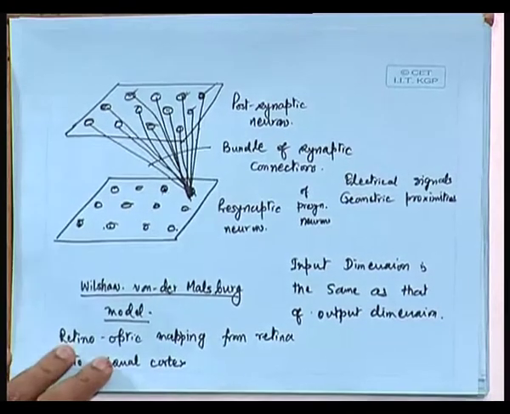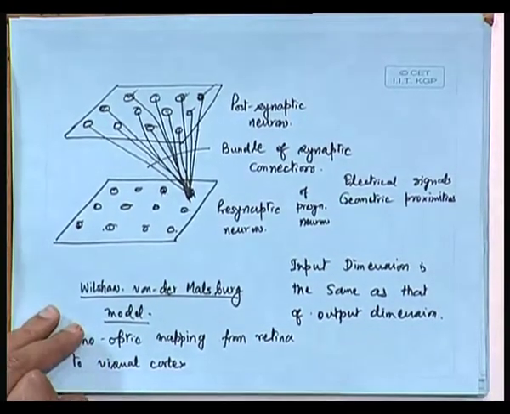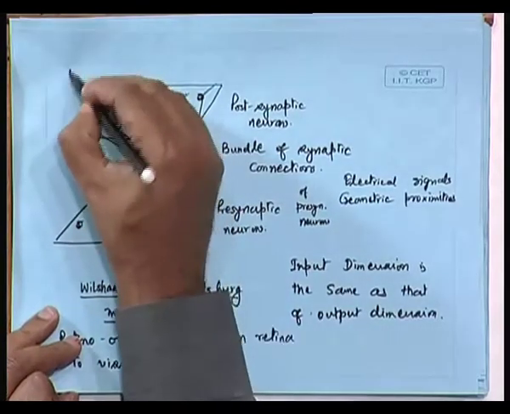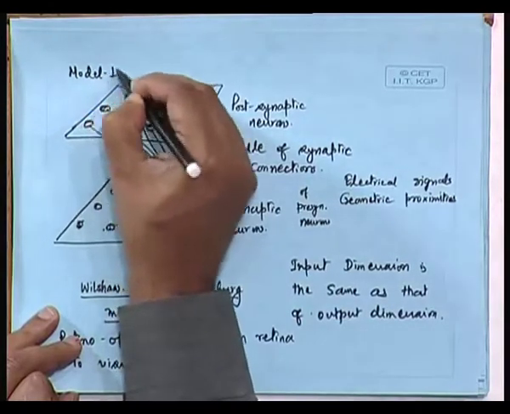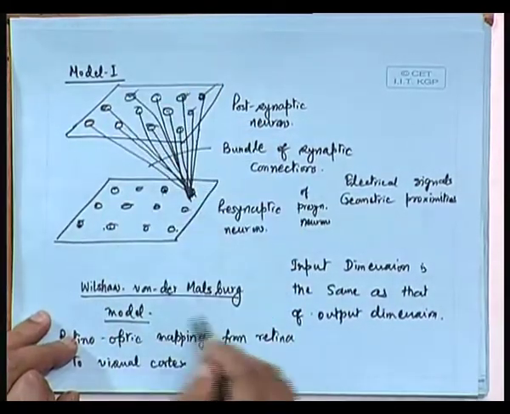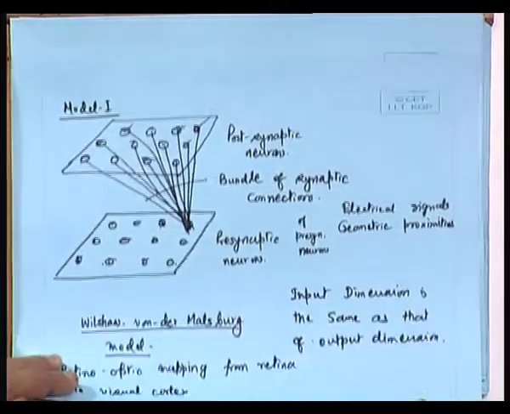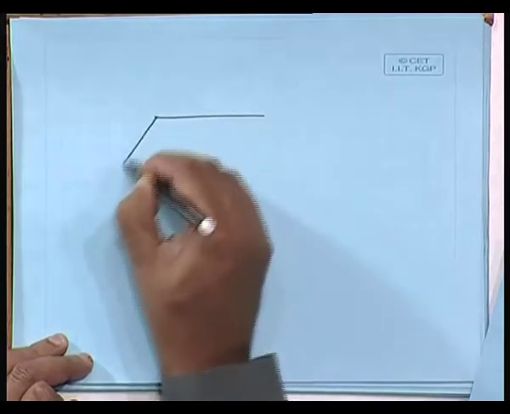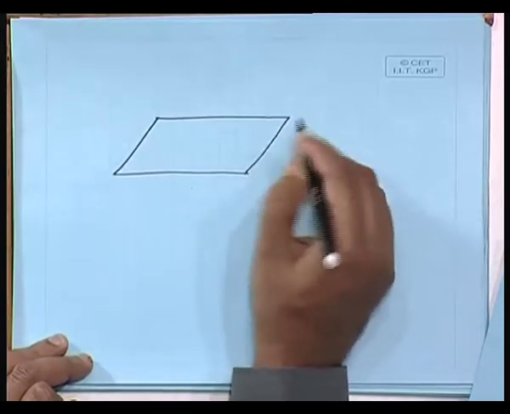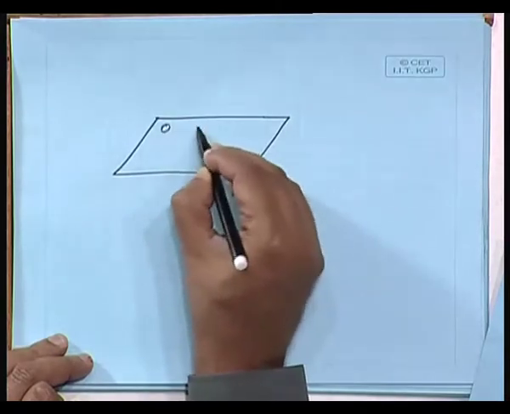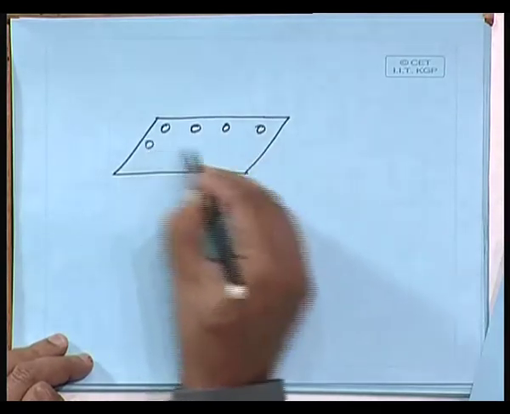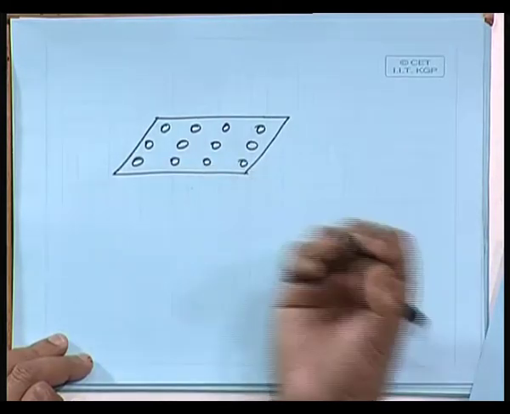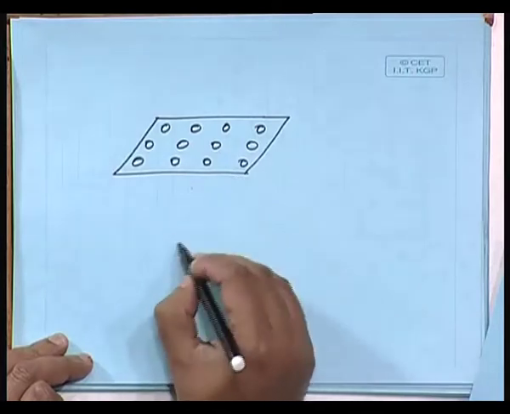But we can go in for a more generalized model as proposed by Kohonen. So, you can call this model number 1, the Willshaw-von der Malsburg model. But model number 2 is by Kohonen, where you can think of an output layer only. Only the output layer is organized in a lattice. Let us say that it is organized in a 2-dimensional lattice, although sometimes we go in for a 1-dimensional lattice also.